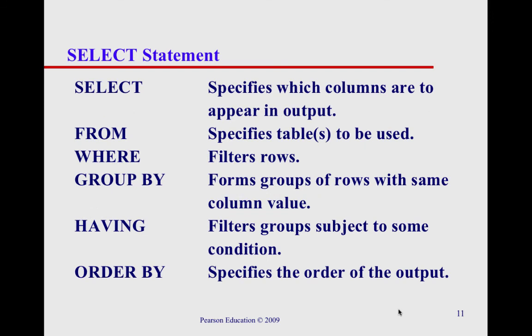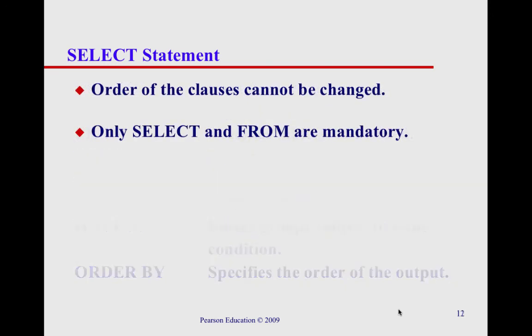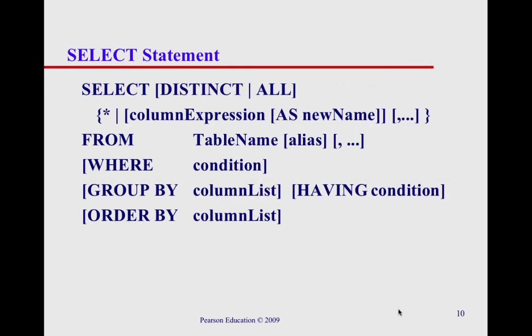Okay, so I already talked about the various parts of the select statement. And rather than going through them, actually, this order of the clauses cannot be changed. So when they were presented here, they have to appear in that order. I can't say select where from. It has to be select from where.